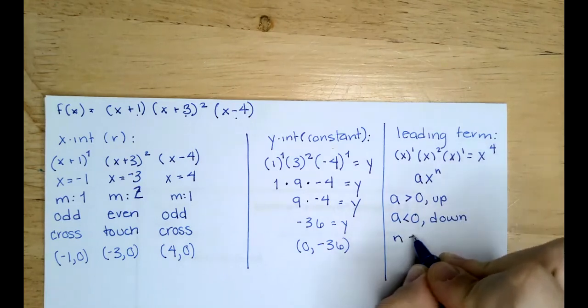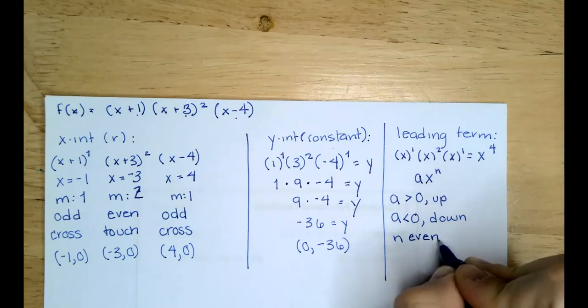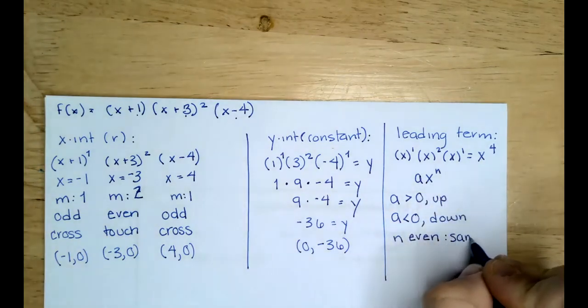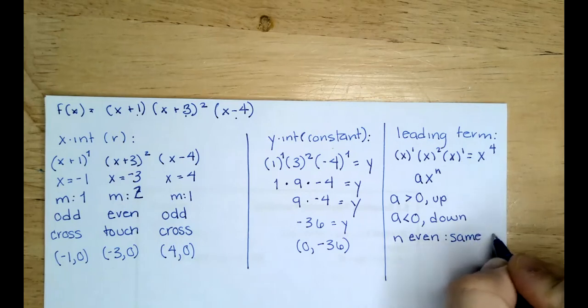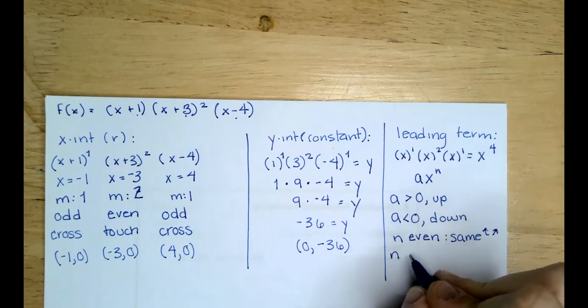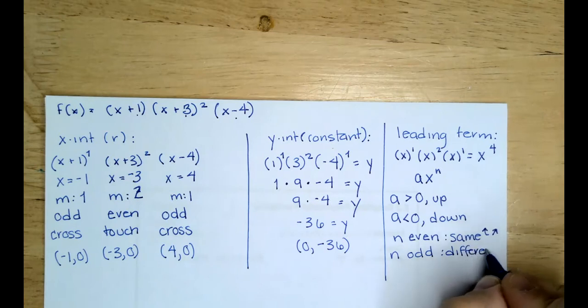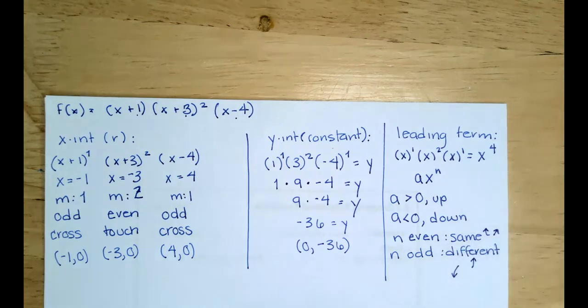If n is even, it goes in the same direction. So they would both go up. And if n is odd, they go in different directions, or opposite would be better. So it would be going down and up, or up and down, okay?